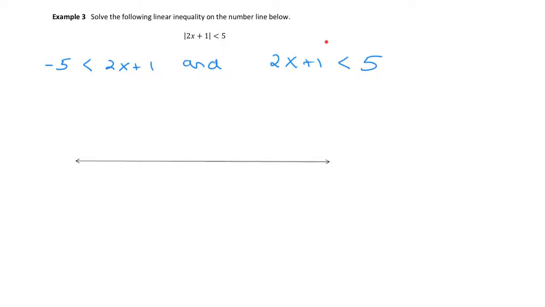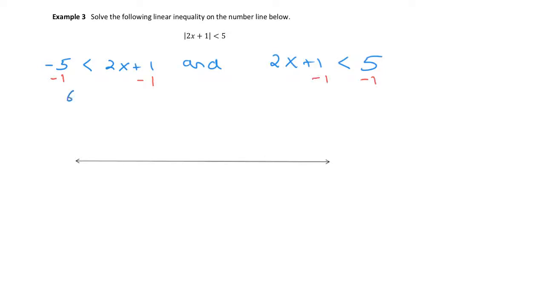So what I'll do now is just solve each of these individually for x. So to get x by itself, I'll subtract 1, divide by 2, and I'll do the same thing over here. I can do this all in one step. I'll first take 1 from both sides, but I can do the same thing on my other inequality too.